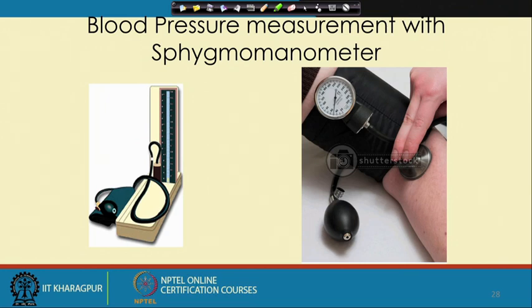So long as the ventricles are pumping out the blood, the pressure is high, and that is called the systolic pressure. When the ventricles are not actively pumping out the blood, the pressure in the arteries at that time is called the diastolic pressure.